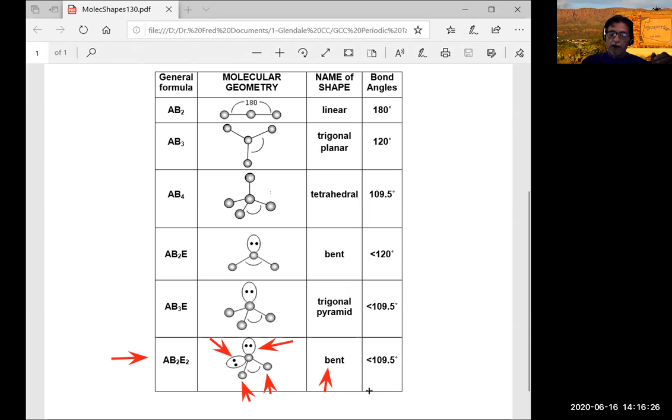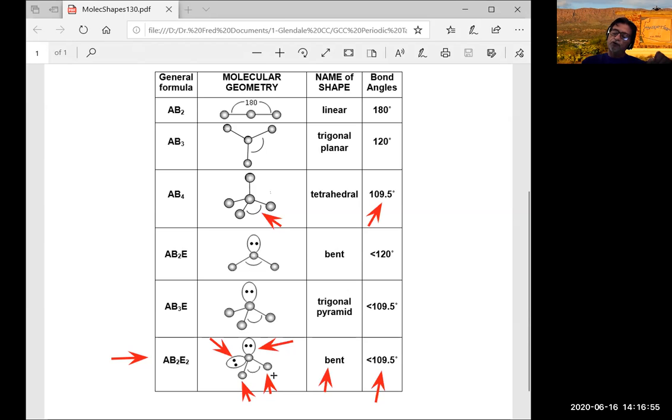So that is why that bond angle that we just talked about earlier up here with tetrahedral gets much less than 109.5, simply because those lone pair of electrons force that bond angle to come in smaller. And it's no longer tetrahedral, but now it's called bent because of the lone pair.